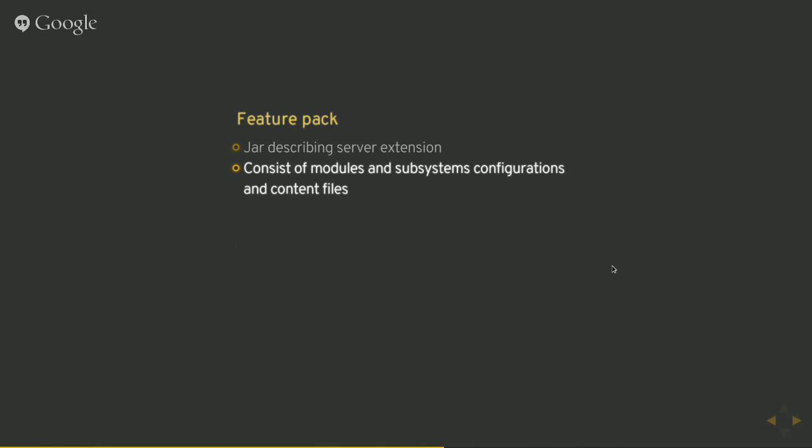Basically, module is our class loading concept, but to understand the concept of feature pack, you can think of module in this context as a group of jars with dependencies on other modules.